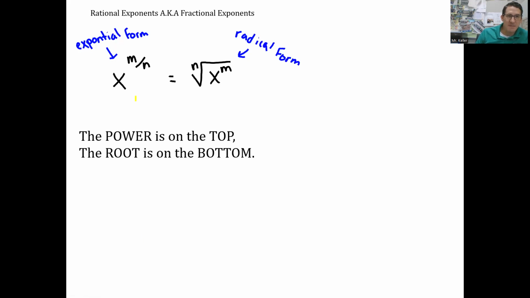The root is on the top, the power is on the top. So the power, we rewrite it, it's here. So the power is on top of the fraction, and then the root is on the bottom. So the bottom of the fraction becomes the root. You put the number in the little nook of the root symbol there.